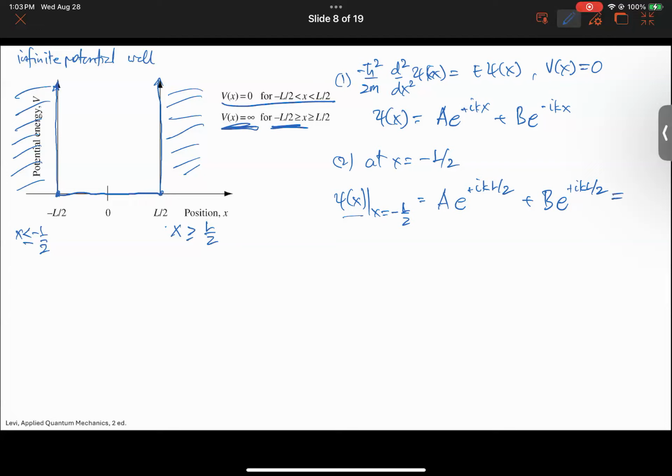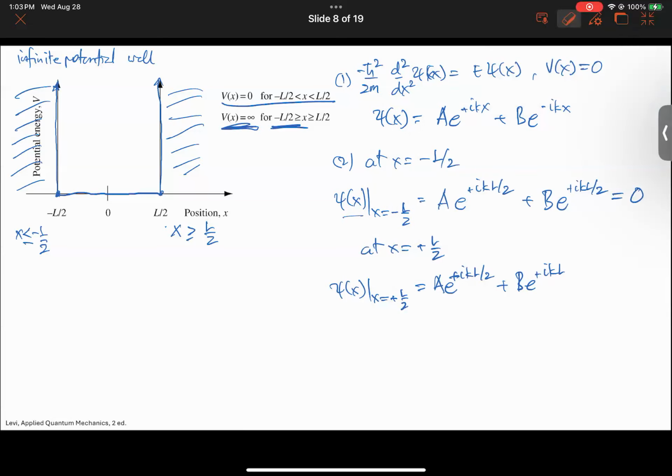So the probability of finding the particle at that position is 0. At x equals positive L over 2, the wave function is written as A exponential i k L over 2 plus B exponential negative i k L over 2.